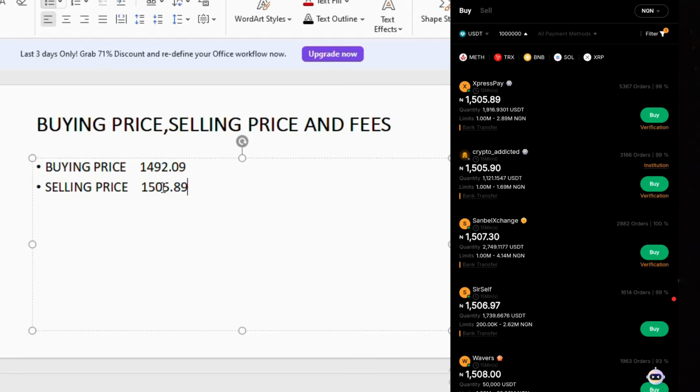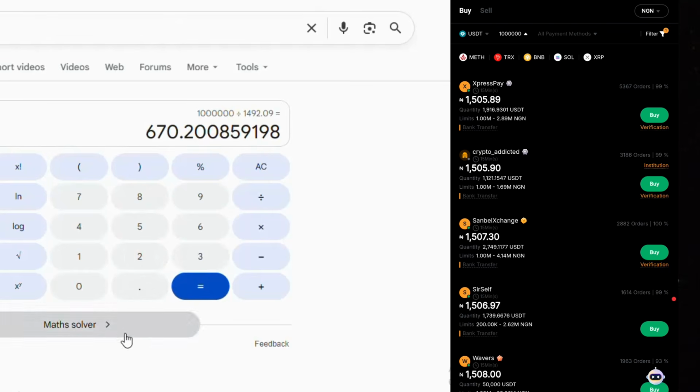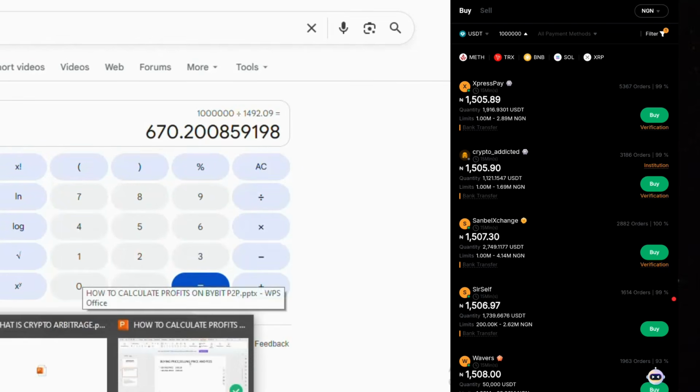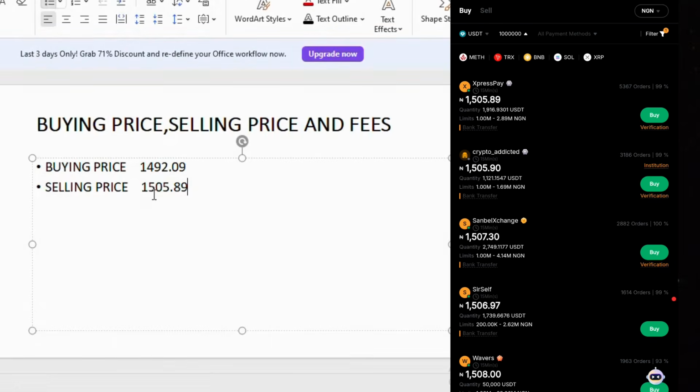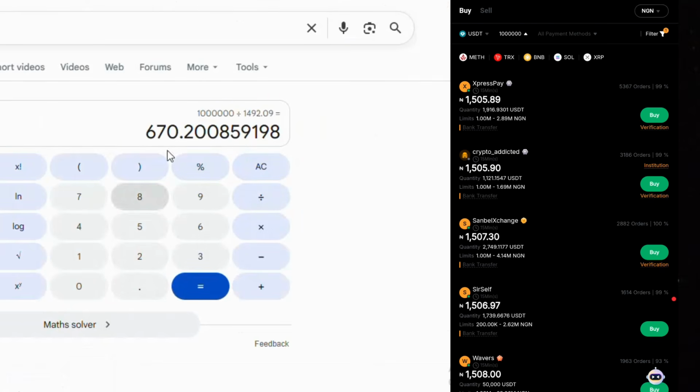So let's go to our calculator once again. Remember that what we have here is 1505.89. I'm going to come here and multiply this figure.